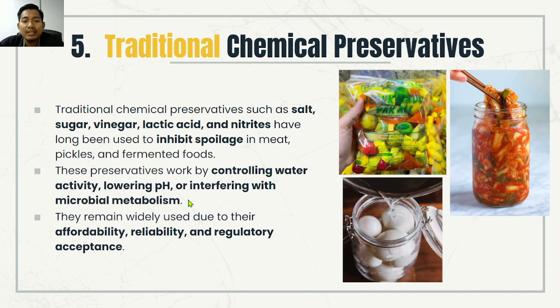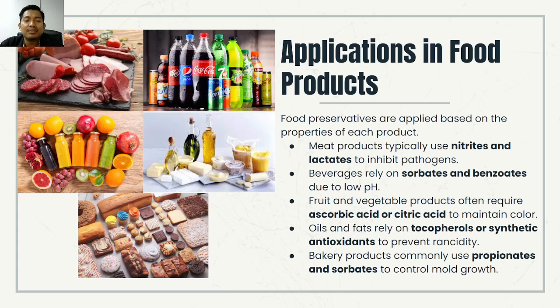They remain widely used due to their affordability, reliability, and regulatory acceptance. For example, this pickle, this salted egg, and this kimchi, all of these are using traditional chemical preservative. So basically, if it is used as a standalone preservative, the shelf life will not be so long compared to the synthetic preservative.